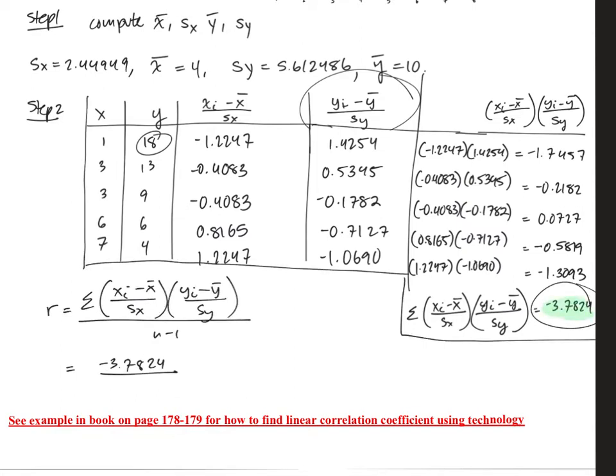and how many observations did we have? Well, we had 5 observations because we have 5 data points. So 1, 2, 3, 4, 5. 5 minus 1.